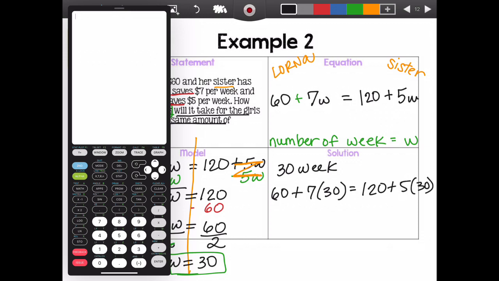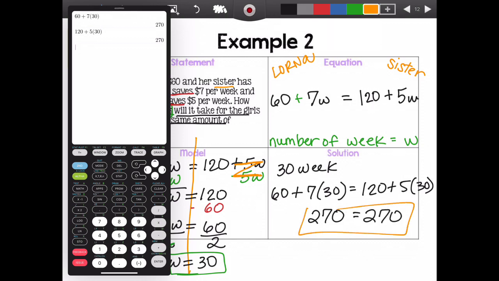And then you just plug it into your calculator. 60 plus 7 times 30, I get 270. And then same thing on the right, 120 plus 5 times 30, and I get 270 as well. So yes, their amounts are the same at 30 weeks. So 30 weeks is our solution.